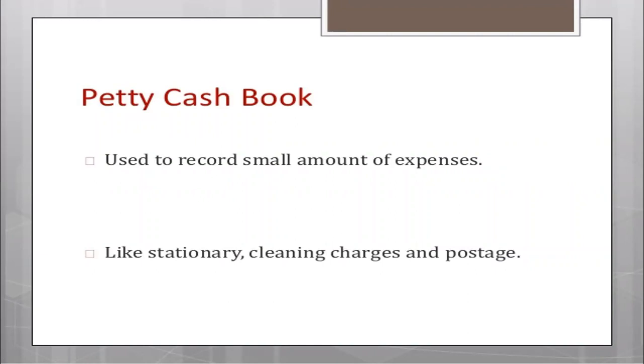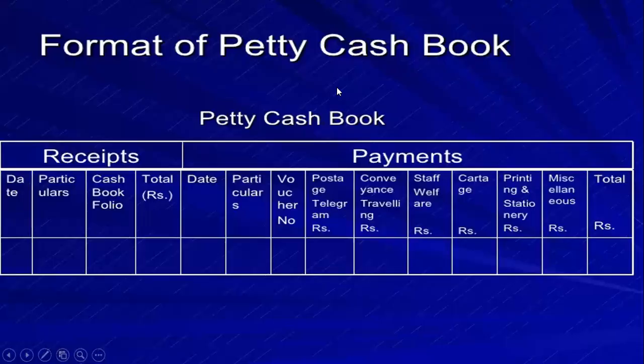Petty cash book is used to record small amounts of expenses. Day-to-day expenses like stationery, cleaning charges, postage, courier, etc. A petty cash book has a very small receipt side because the amount is received only once, and it has columns for the various expenses which were made.